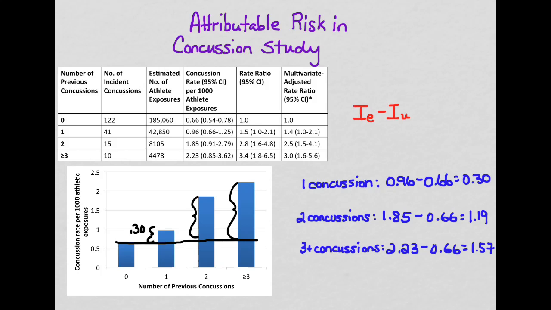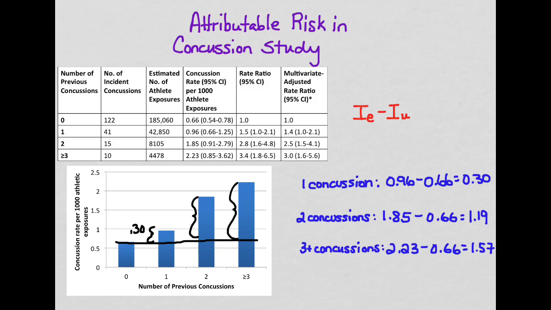So there's the answer. What this means is that for those people who had 2 concussions previously, more than one of the subsequent concussions that they experienced during the course of the study could be attributed to the 2 concussions that they had had prior to the onset of the study.